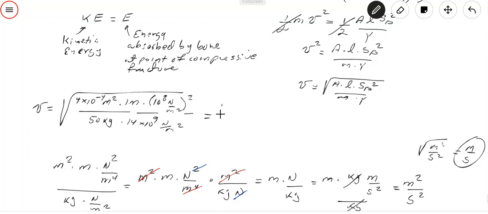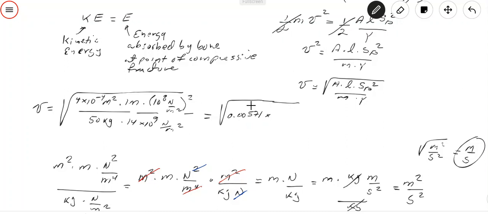So if now we multiply 4 times 1 and we divide by 50 and we divide by 14, we're going to get 0.00571 times, and then let us see the powers of 10 we have here.